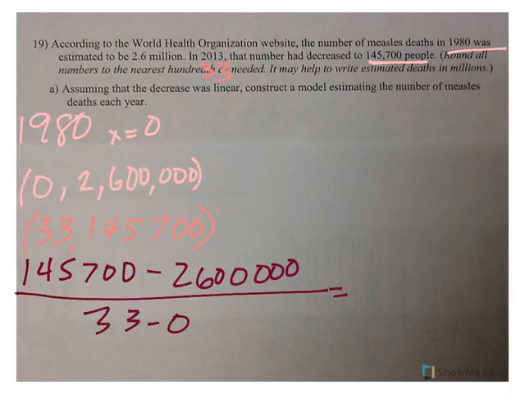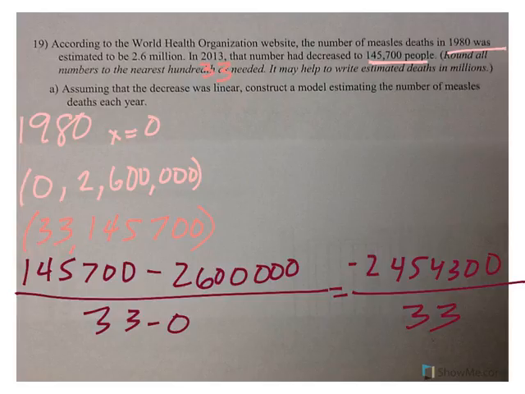Now, in the numerator, we get negative 2,454,300 over 33. And this is difficult because you're thinking, well, that's a slope? Now, we can divide that number by 33. We get negative 74,000. And maybe that's the way to do it.